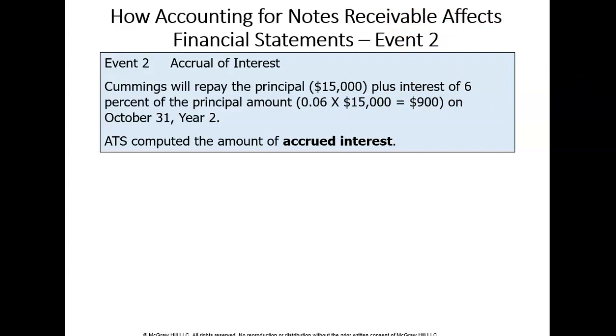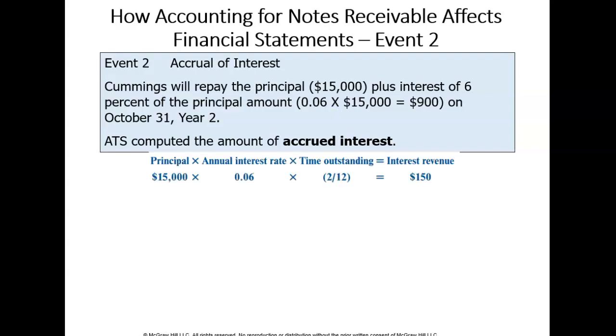So we're going to look at the amount of interest that has accrued on this note by the end of our accounting period. The note was issued on November 1st. Our accounting period ends on December 31st. From 11/1 to 12/31 is a 2-month time period.